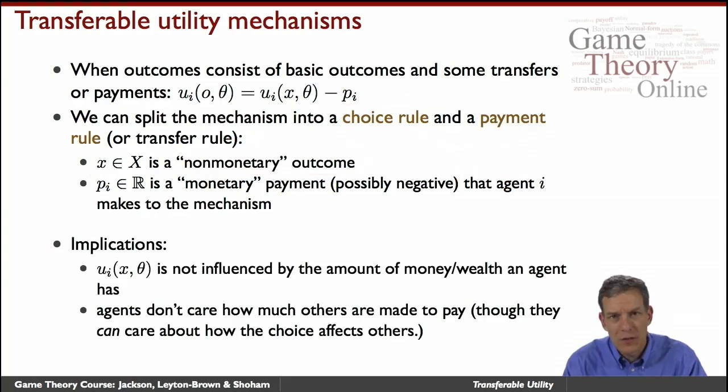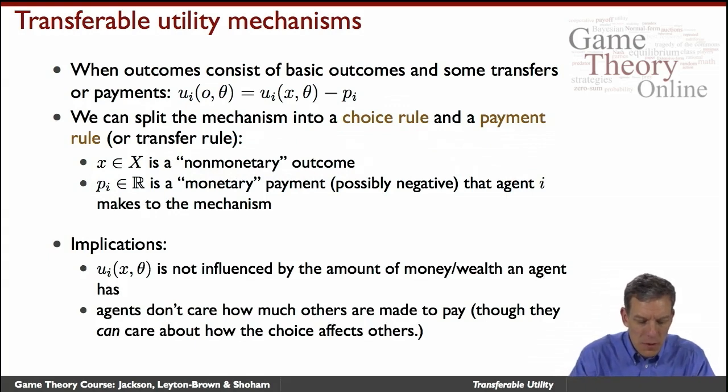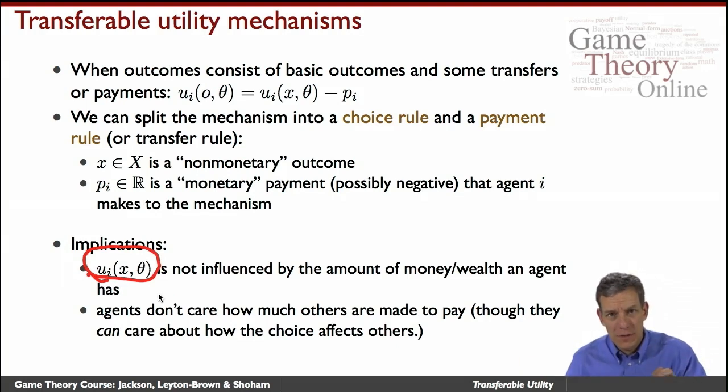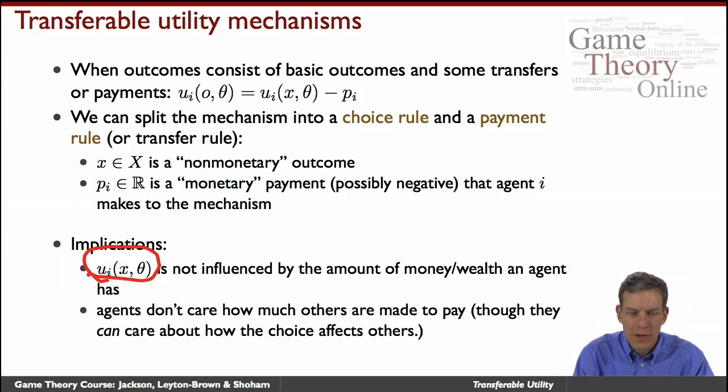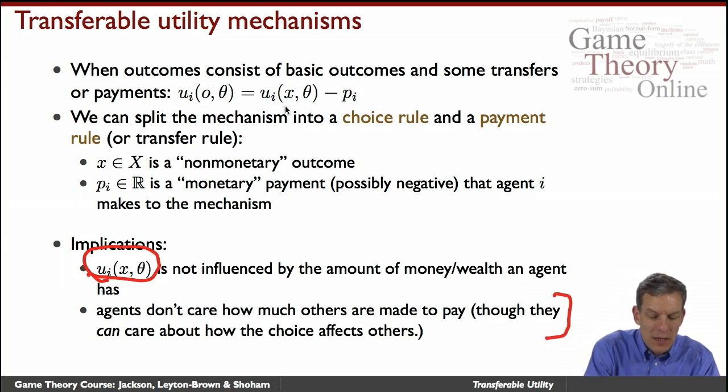The implications of this kind of assumption on preferences: first of all, the utility that somebody has for this outcome can be separated out from the utility they get from the payment, so it's not influenced by the amount of money or wealth an agent has. And secondly, a given agent cares only about X and their payment p_i.